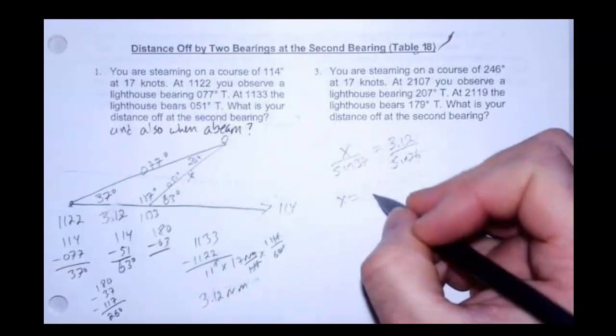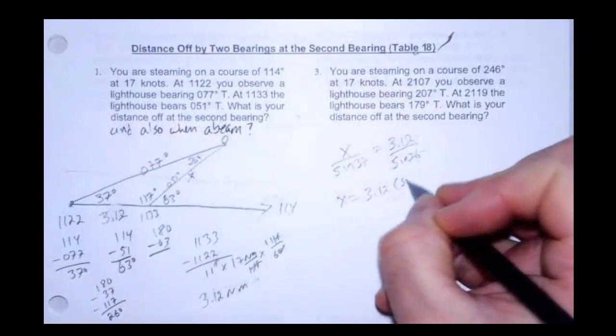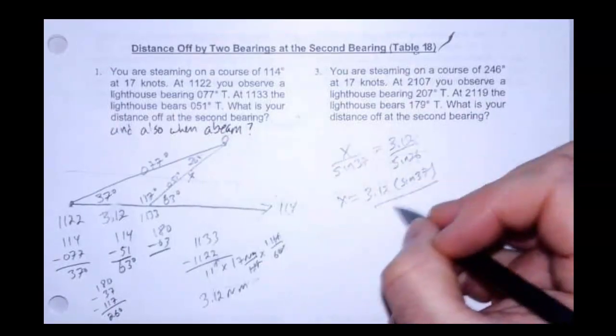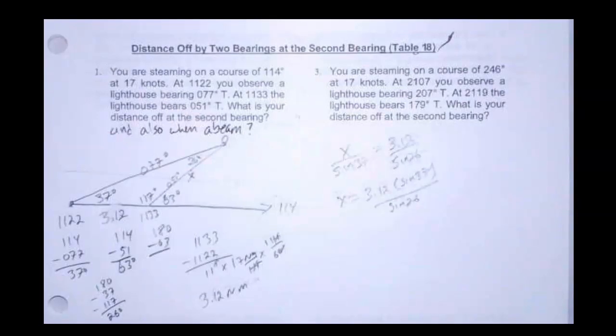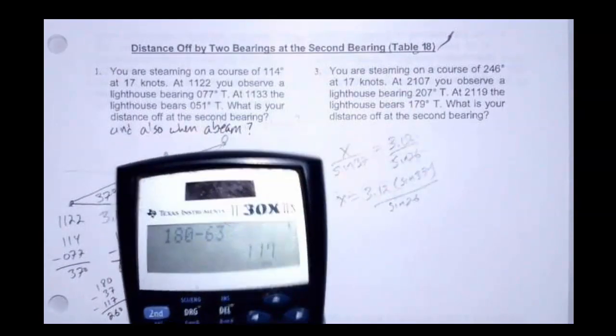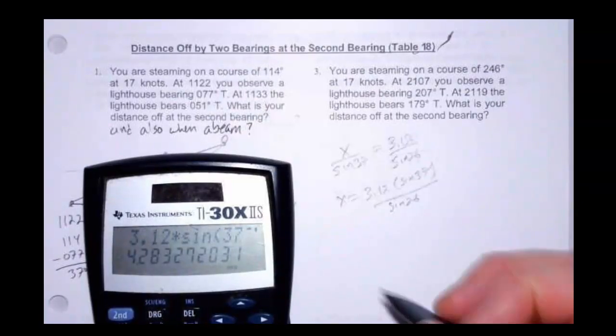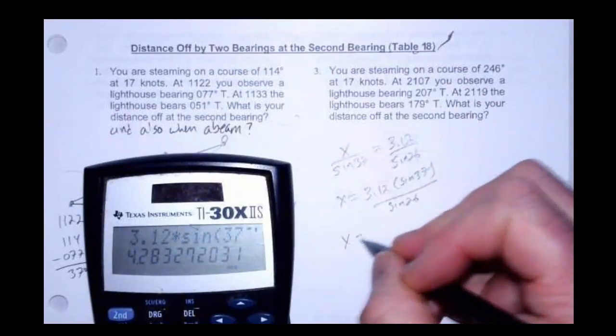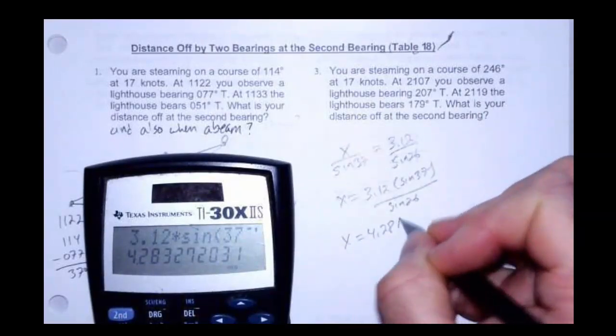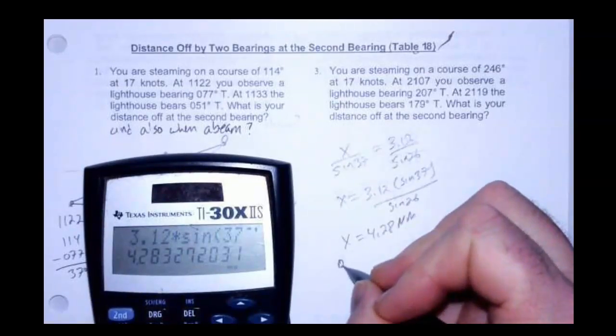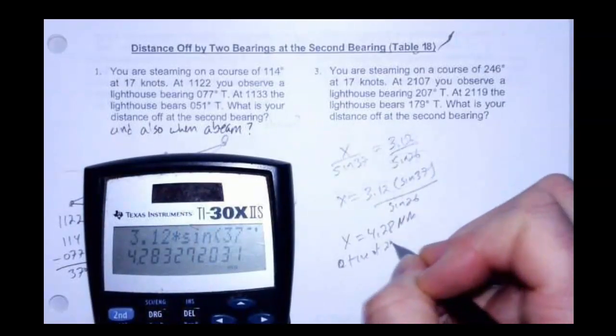So x is going to equal 3.12 times the sine of 37 over sine of 26. Let me get my calculator on here. I'll go 3.12 times sine of 37, and I have to put my parentheses in here to close that out before I do my division. Then I'll do sine of 26, hit enter, and I get 4.28. That's how far I am, 4.28 nautical miles, at the time of second bearing.